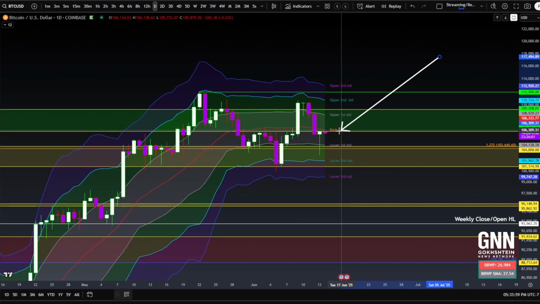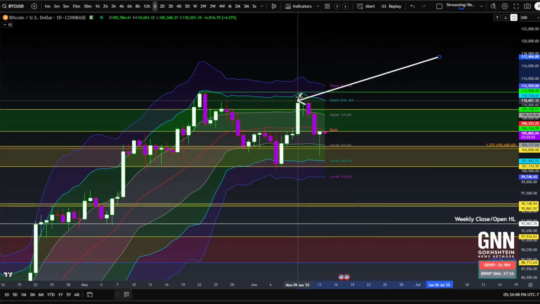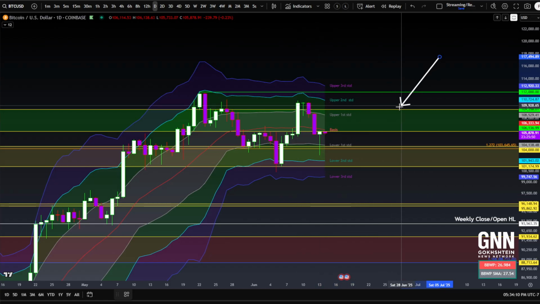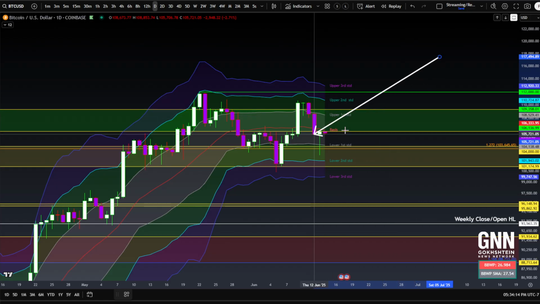I do want to see bulls reclaim that. Then we can start looking at this area between that 106 to that 109,360 and back right to that upper second standard deviation.